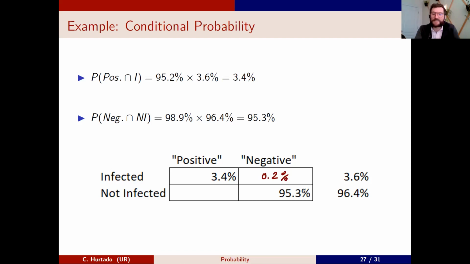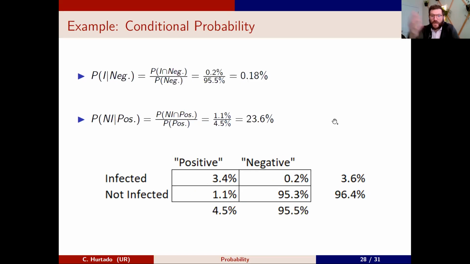And in a similar fashion, if I take 96.4 and I subtract 95.3, that is going to give me the probability that I have right here as not infected and positive, right? So that is exactly what I do in the next step. So now I have the 0.2% for infected and negative, and I have 1.1% for not infected and positive.